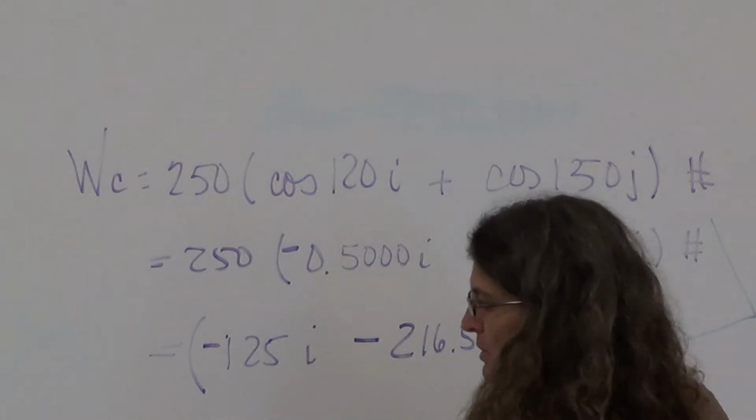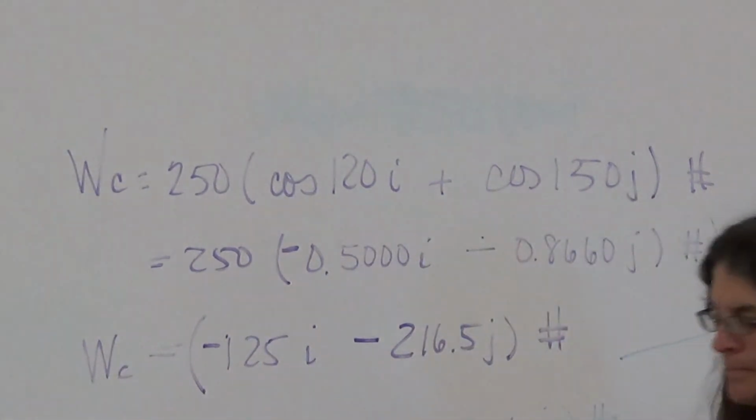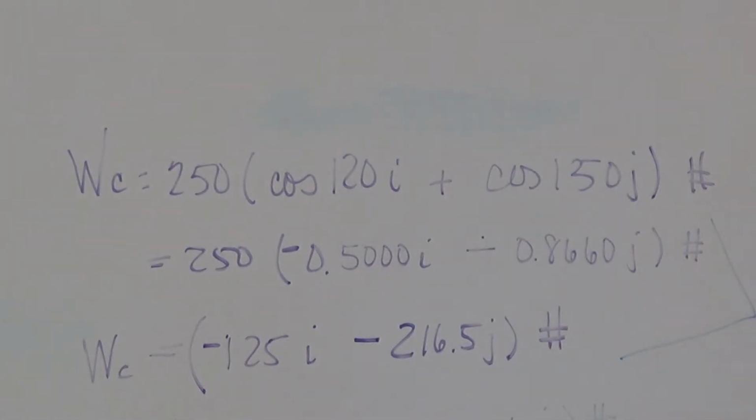So this is W, and this is WC. And you could do a check here as well. But what check can we do here? Only the unit vector check, because we don't have the magnitudes.